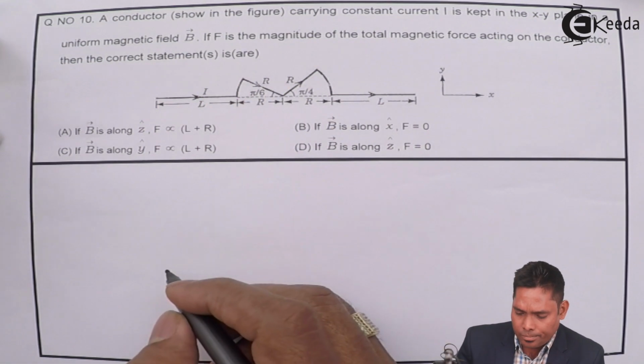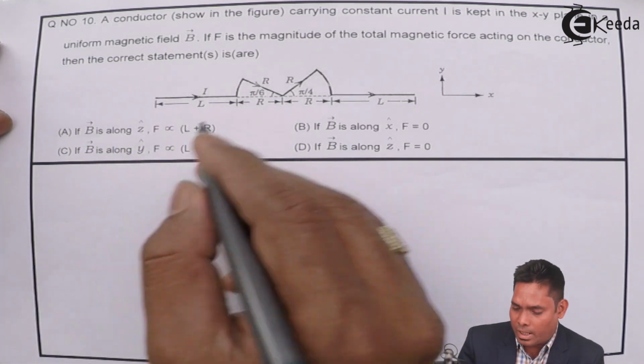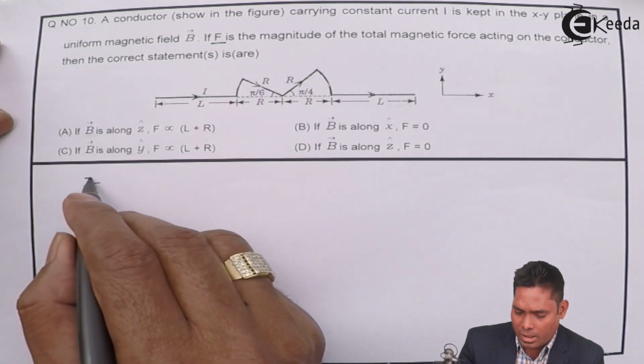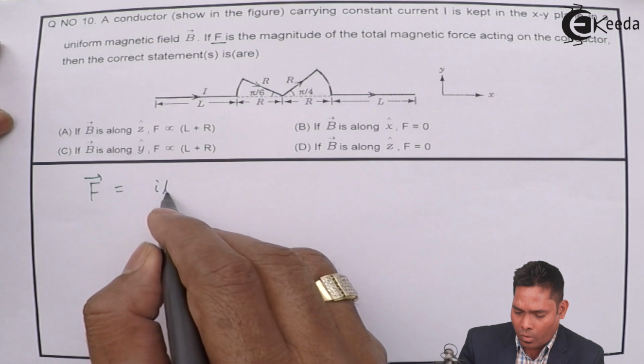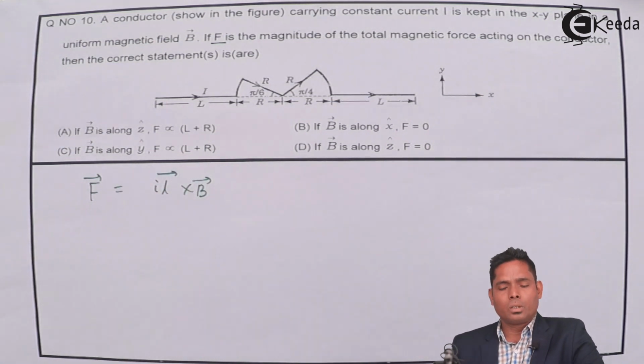So here we know that the force expression is IL cross B. This is the formula for force.